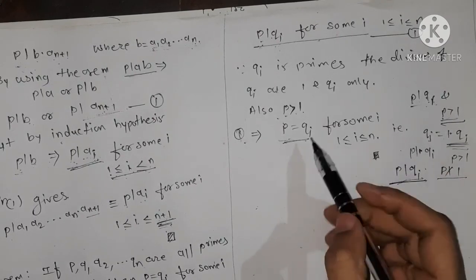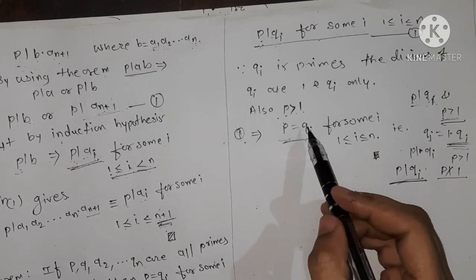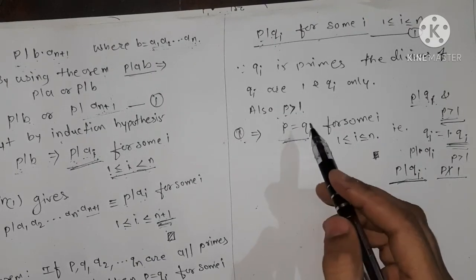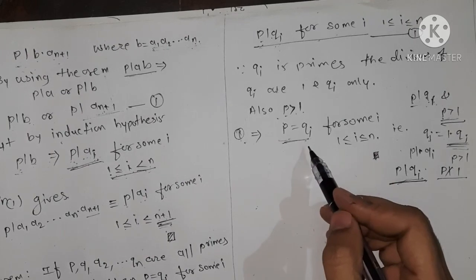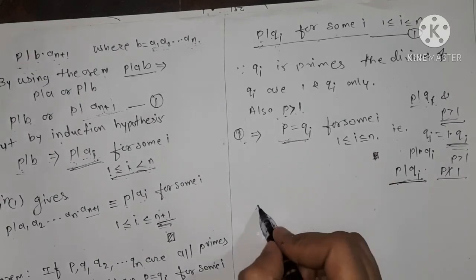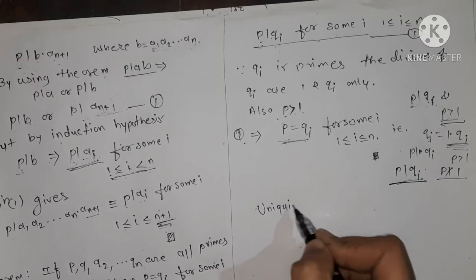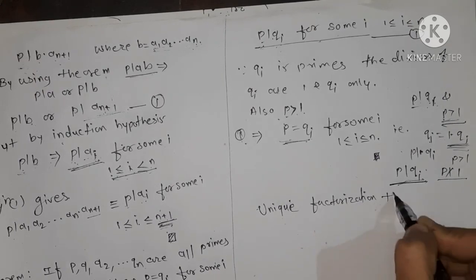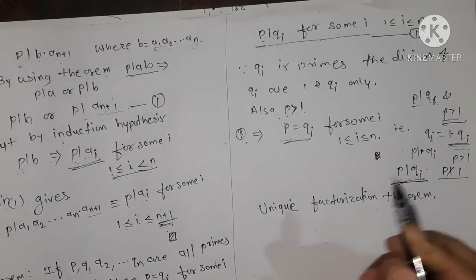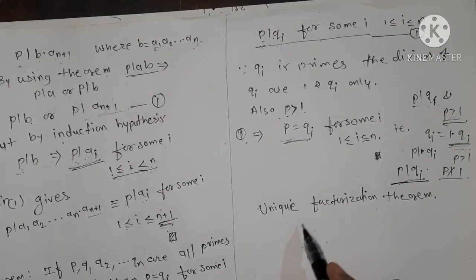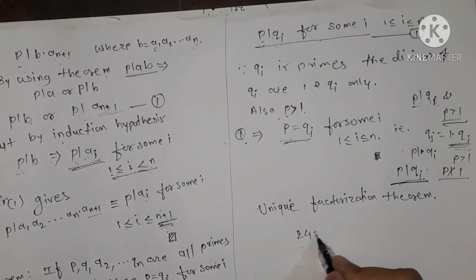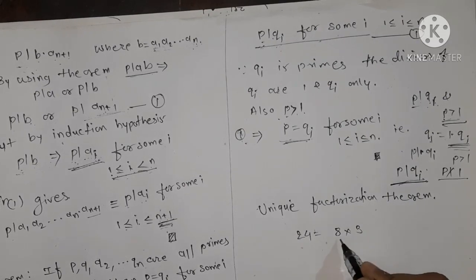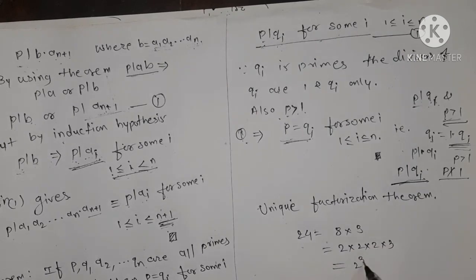And now, as we have seen some of the properties of prime numbers and some theorems that we are going to use in proving the unique factorization theorem, that is, every number can be written as a product of primes. For example, 24 is 8 into 3, that is 2 into 2 into 2 into 3, so 2 cube into 3.